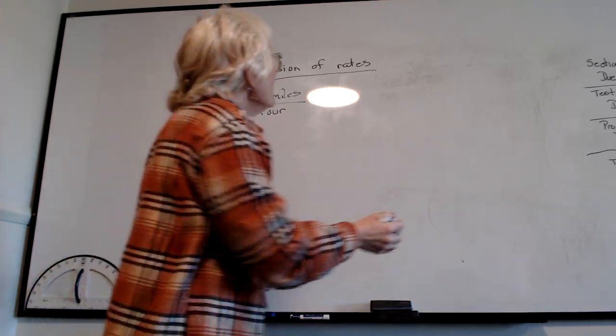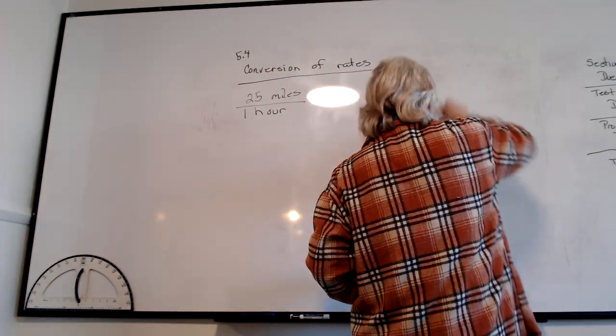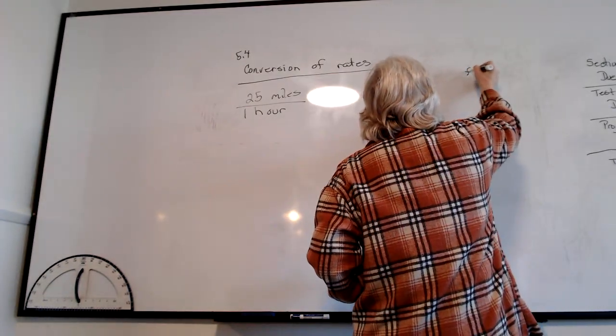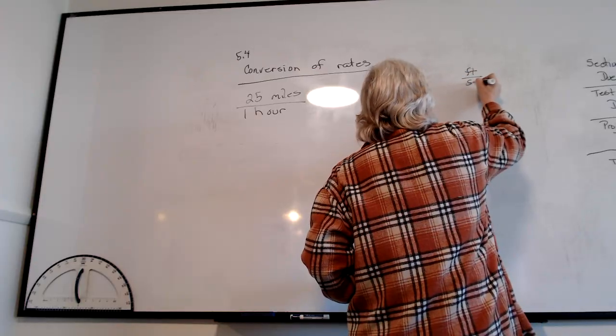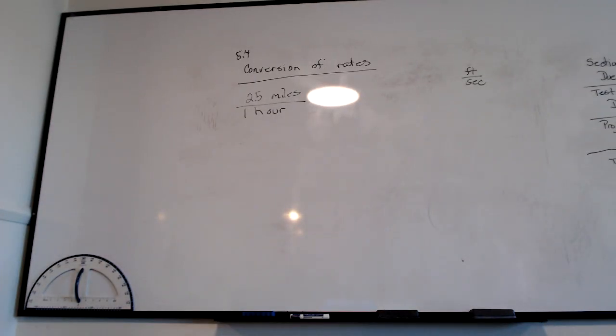And you want to know how many feet per second that is. How many feet per second that is. That's our goal. We want to know how many feet per second.